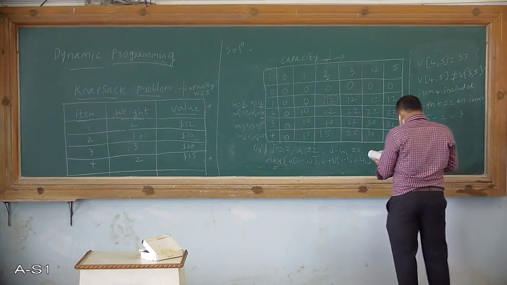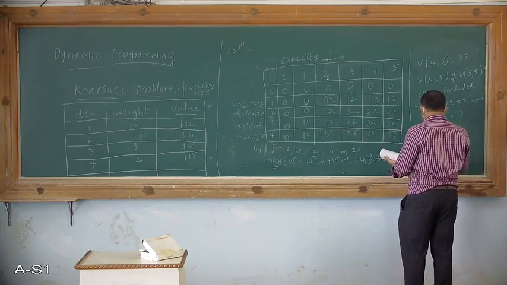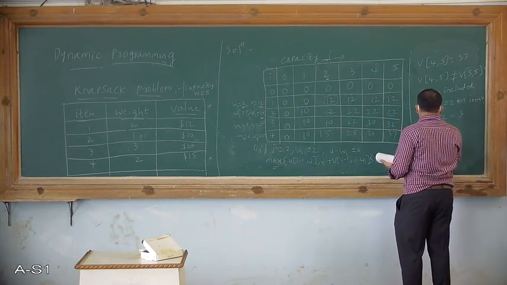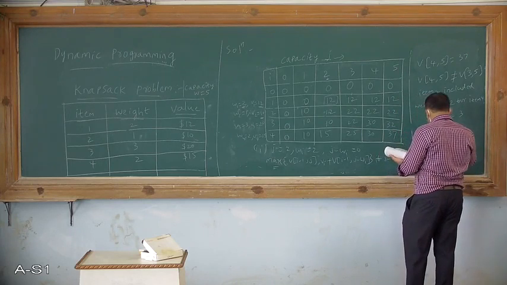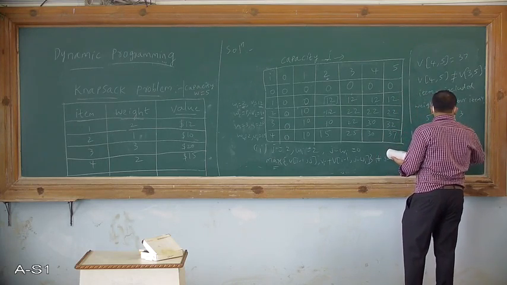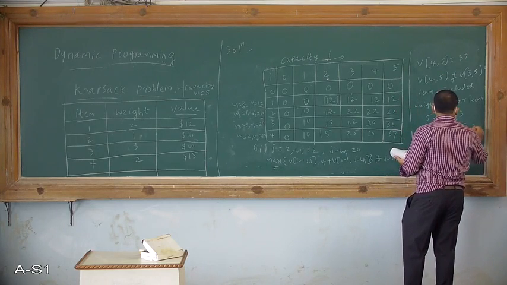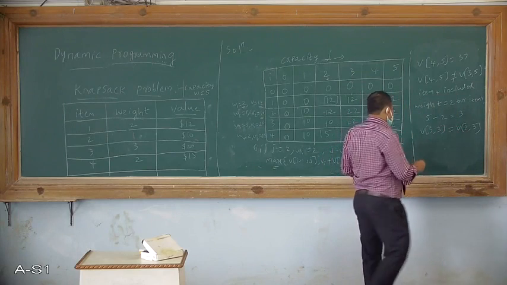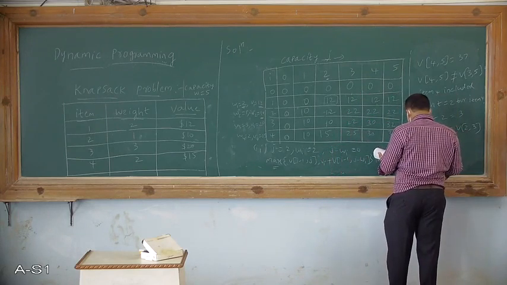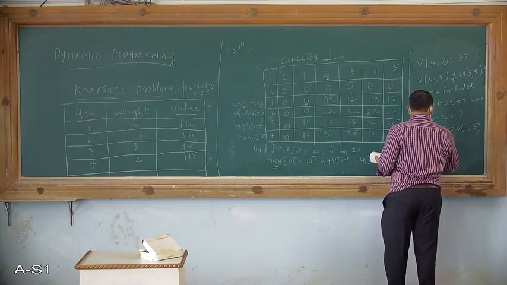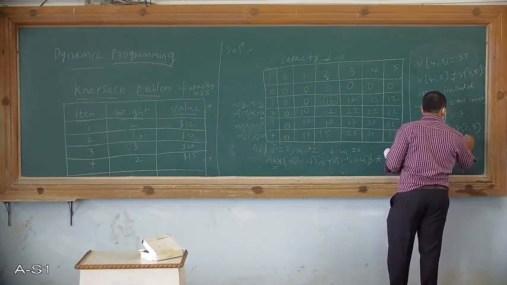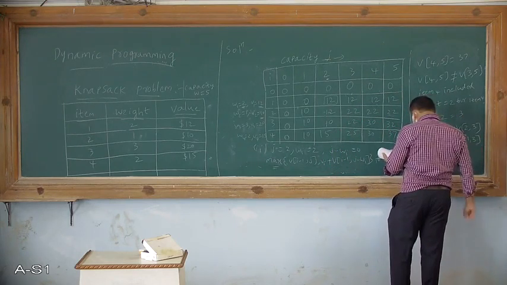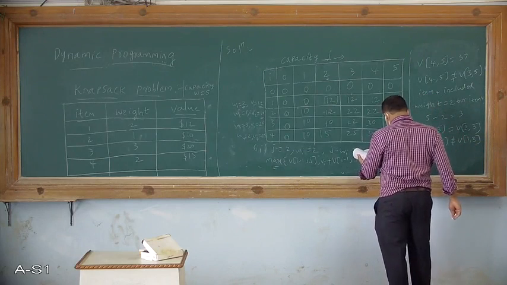So again, how will it be calculated? V of 3 comma 3, I will check it with V of 2 comma 3. Since they are equal, item 3 cannot be a part of the solution. Again I will compare V of 2 comma 3 with V of 1 comma 3. V of 2 comma 3 is not equal to V of 1 comma 3. So item 2 is a part of the solution.